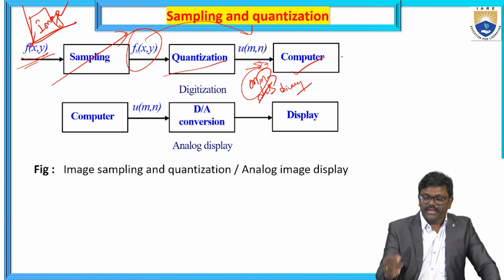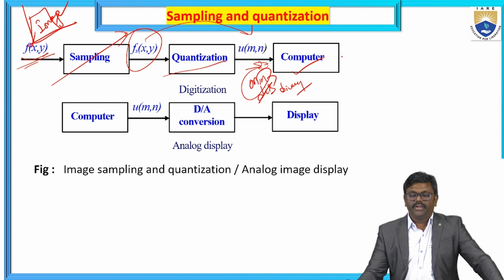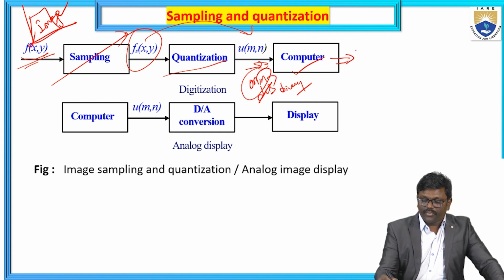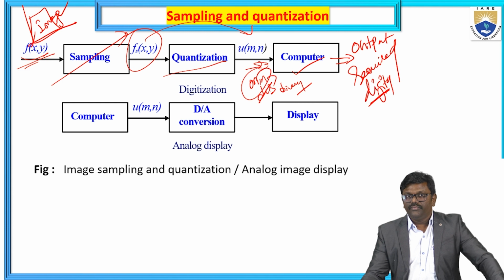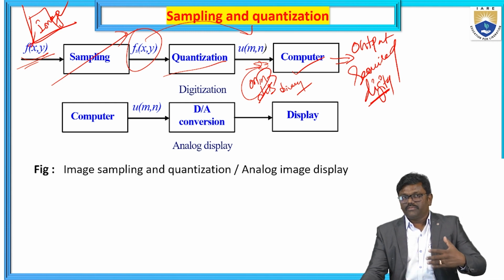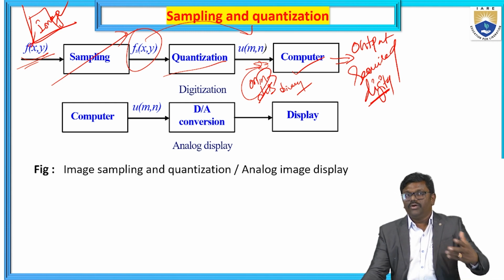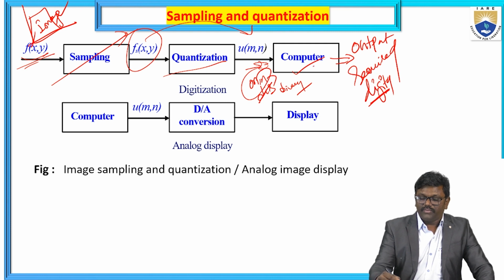So your binary data will go to the computer, and it will run and provide the output, your required digitized digital information. Okay. So this digital data, obviously, if you wanted to see it, it is not possible. So in terms of the real world, you again wanted to convert it back.